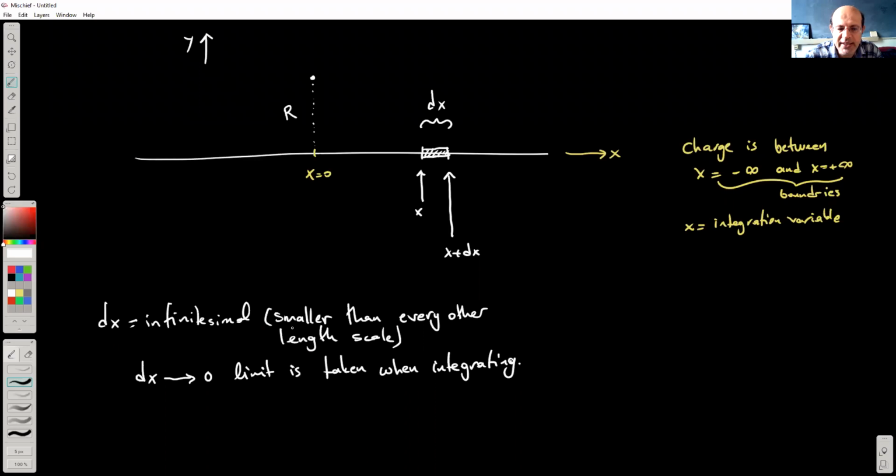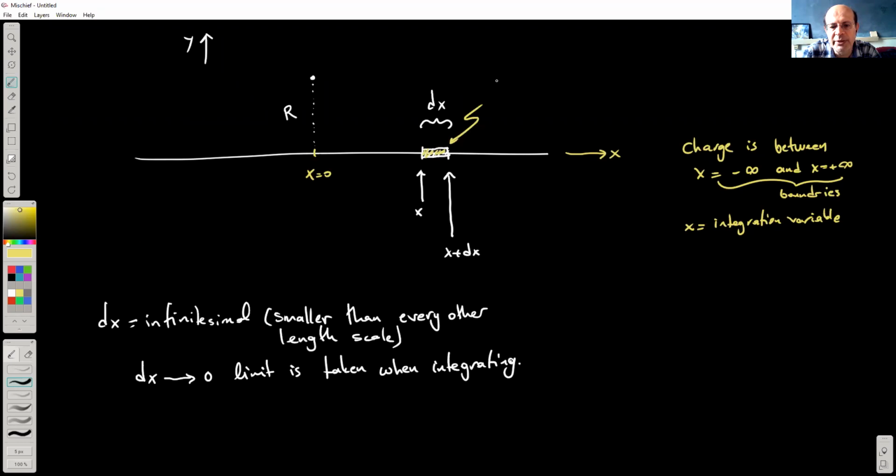Okay, so mathematically, some limiting procedure is taken. So what I can do right now is that I just consider this as a very small quantity, smaller than every other length scale. So there are some situations where I'm going to omit that length. In some other cases, I don't. So for example, how much charge is there on this line segment in here, on this piece?